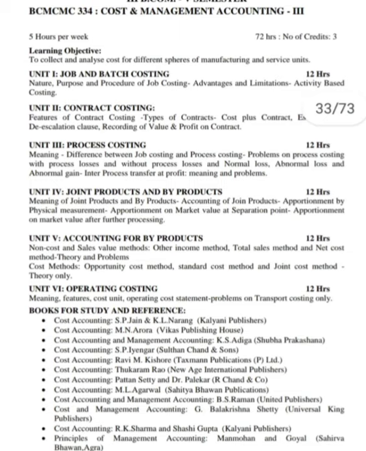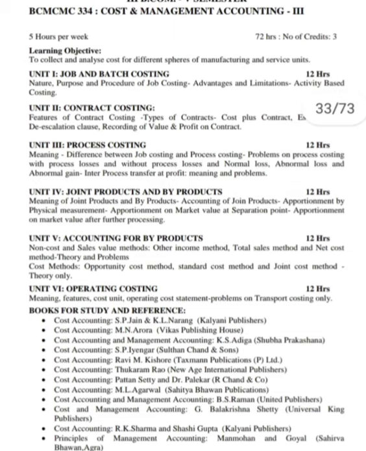Under that, meaning and problems. Under this only the process costing, means at the time of producing a particular product it is going through the different processes, right? So we are preparing the account for the different processes, and what are the methods to calculate the different process, and what are the procedure to calculate the cost of each process.